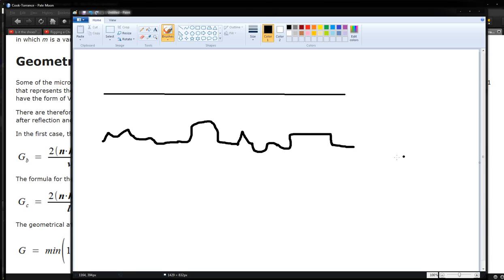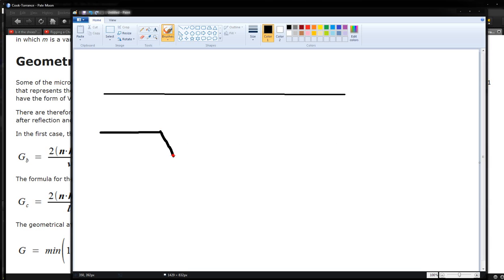Remember, I said in another video that in the models the roughness is assumed to be uniform, and we don't have any areas with a larger indentation or protrusion, or one that's pointy. They're all assumed to be uniform, and they're modeled like this, as a sharp V shape with two sides.